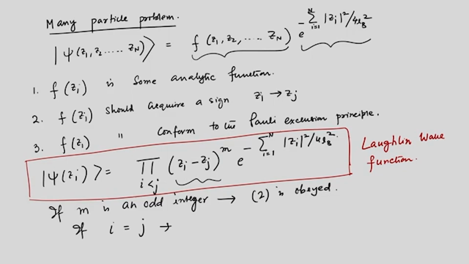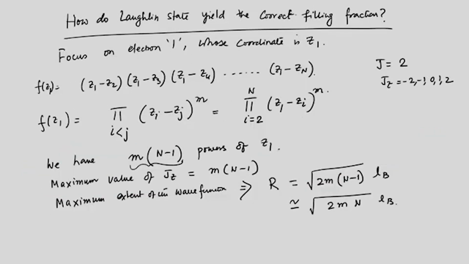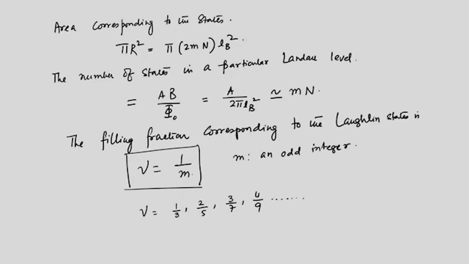It has a nice property that if z_i equals z_j, then it is 0 to the power m, so the Pauli exclusion principle is obeyed here, and also the antisymmetric property of the wave function. And then we went ahead and showed that these wave functions actually have the right filling, which is what we wanted, nu equal to 1 over m, which we had written down earlier.